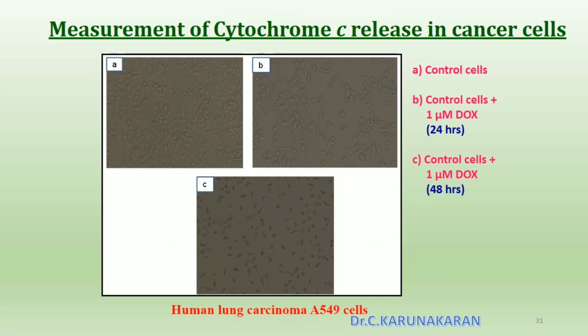So we have developed the cytochrome C biosensors. We have applied the cytochrome C biosensor to measure cytochrome C release in cancer cells, and we have followed the cell death by measuring cytochrome C release in cancer cells in this study.